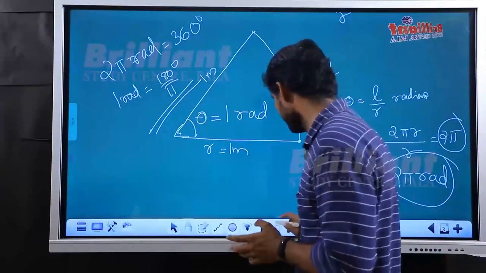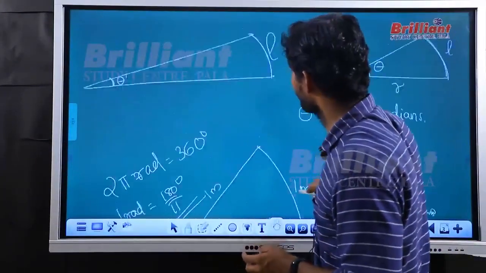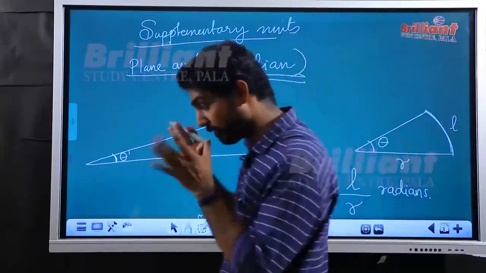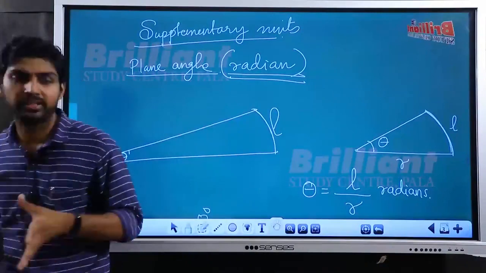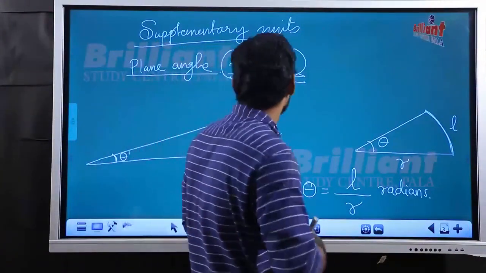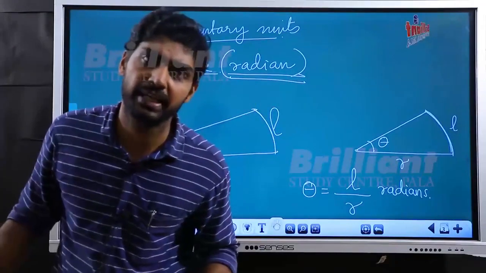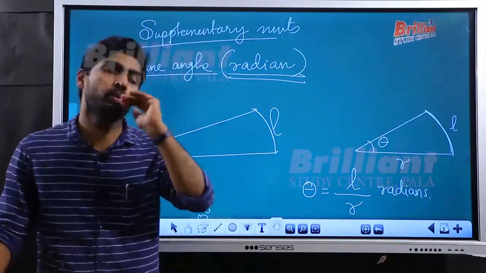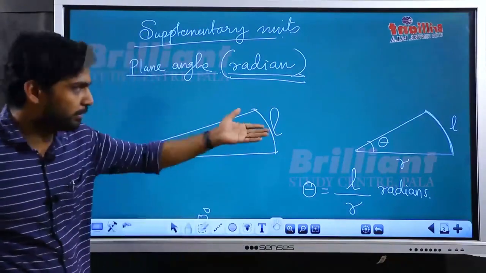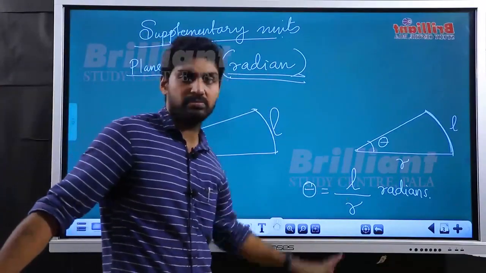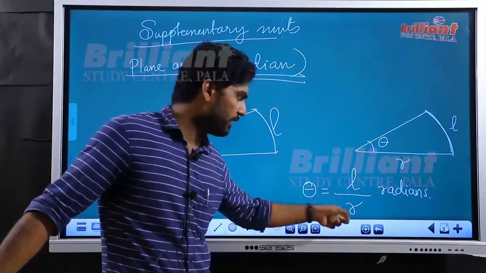So once again, we have radian as the unit of plane angle. That is the angle that we are generally seeing in our calculations. It is plane angle, it is the angle between two line segments, and that depends on the arc length as well as radius. It is defined as L by R. Theta is equal to L by R radians.